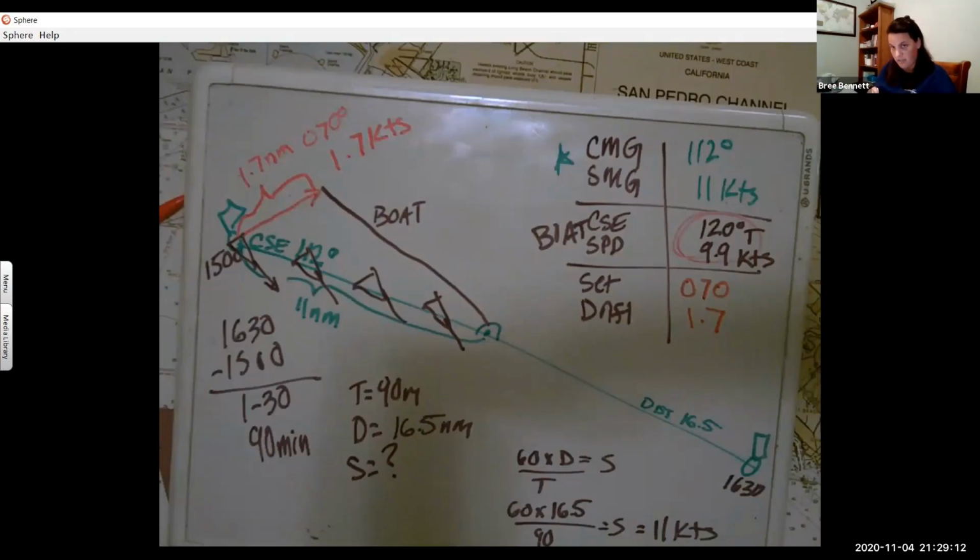Yes. So when you create a DR, you're only using your course and your speed, right? In a known spot. So if you are adjusting your heading to stay on your track line, then you could use that track line to plot your DRs.